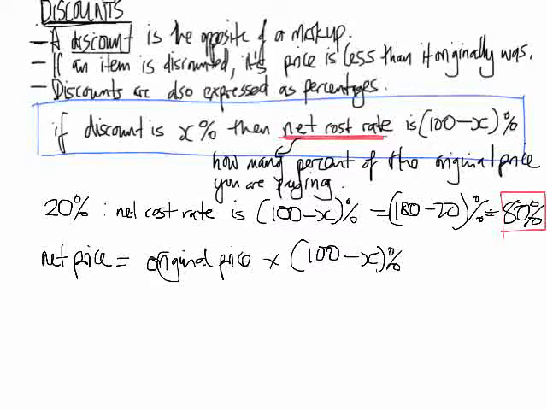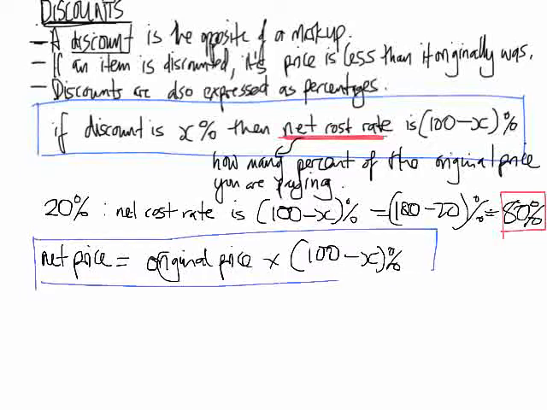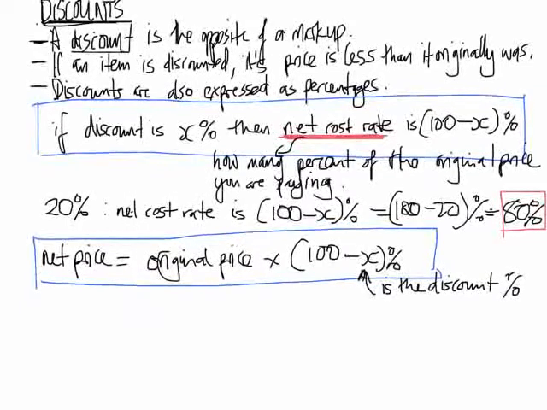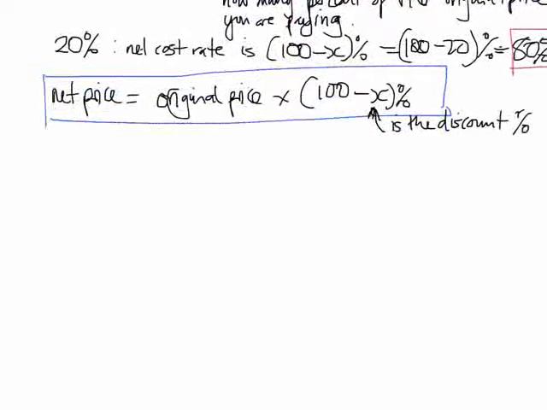Okay, and then I'll put a blue square around that because I've been trying to do that with formulas, where X is the discount percentage. Alright, so let's try and move this screen. I've been practicing on how to use this thing.